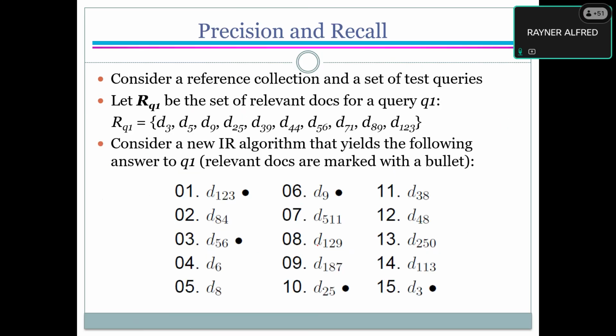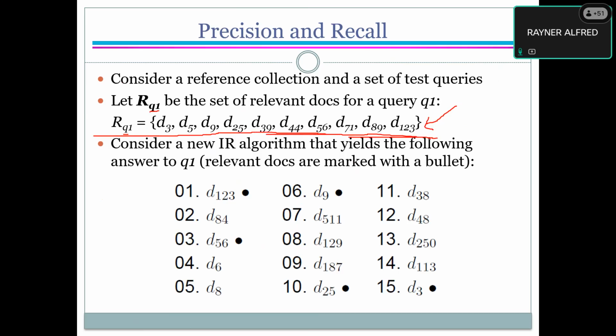Okay, so let's have this document. For example, we have query number 1, and query number 1 has all of these relevant documents that we have. So we have D3, 5, 9, 25, 39, 44, 56, 71, and 89, 123.